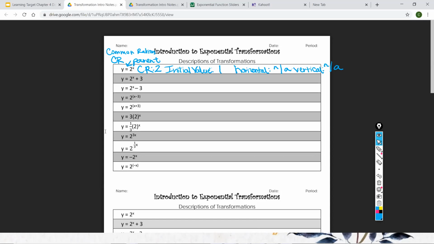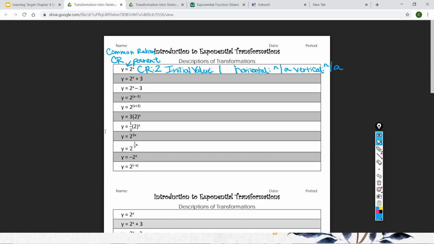The other ones are just kind of green. So that's my cap.